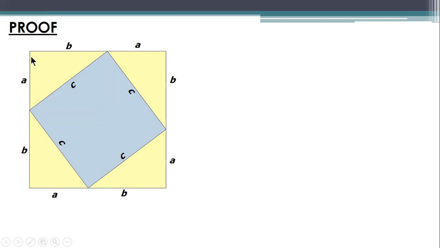It's obvious that the area of the bigger square is equal to the area of this triangle times 4, since they are identical, plus the area of this blue square.